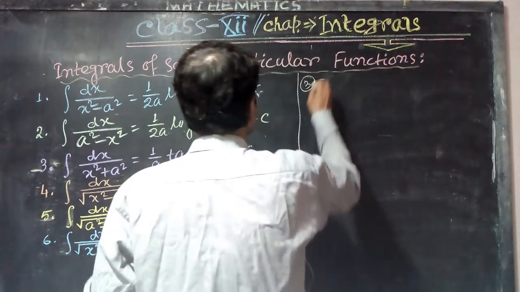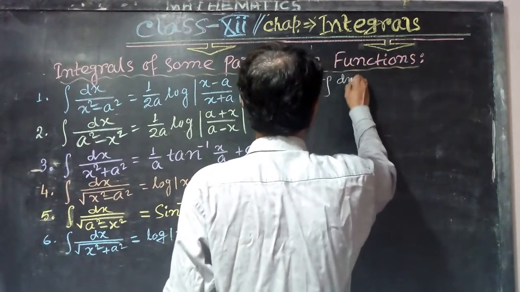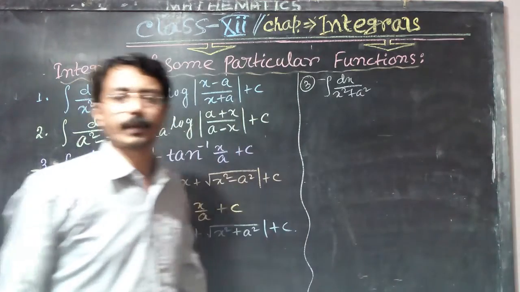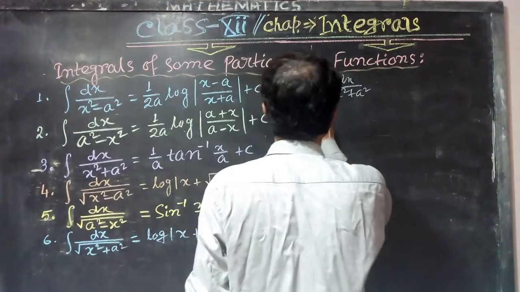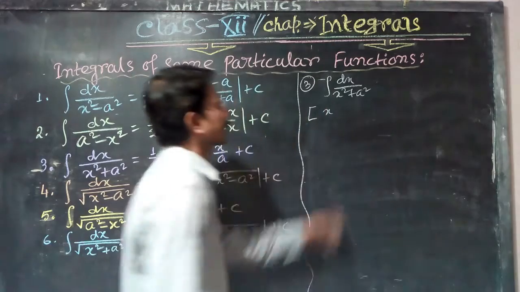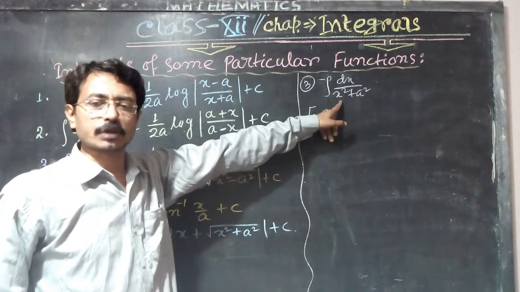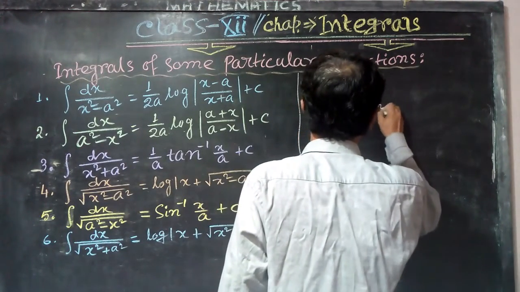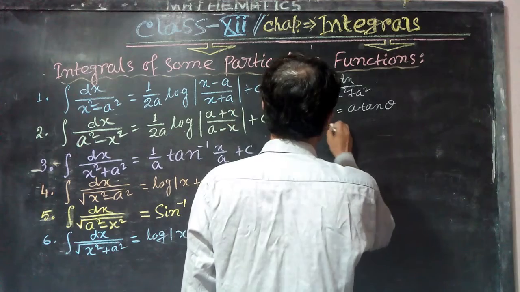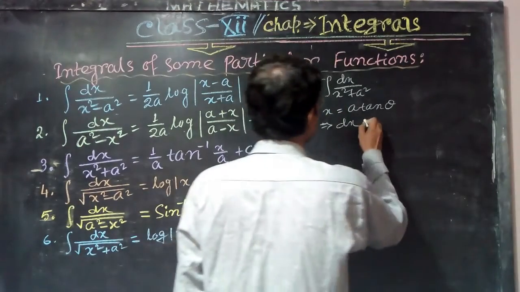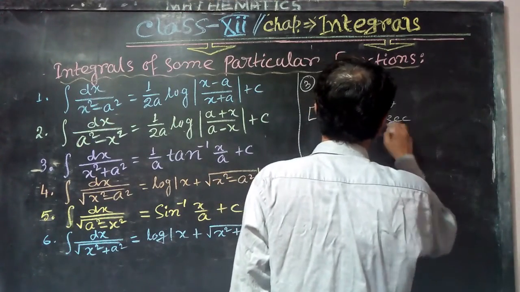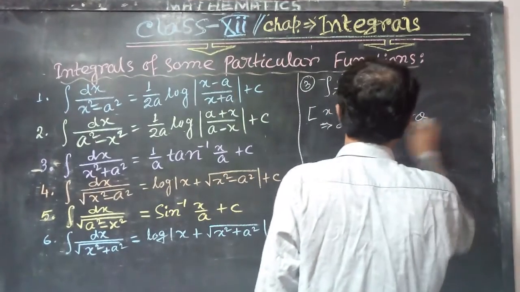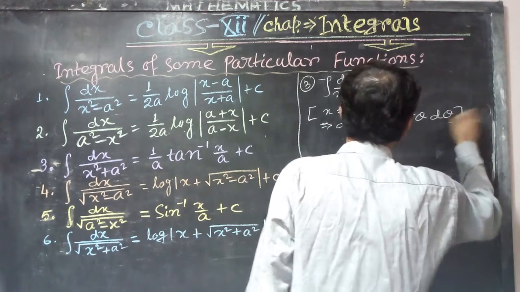we try to prove integration dx by x square plus a square. Method of substitution we apply here. Let x equal to a tan theta, therefore dx d theta equal to a times the derivative of tan theta, sec square theta.